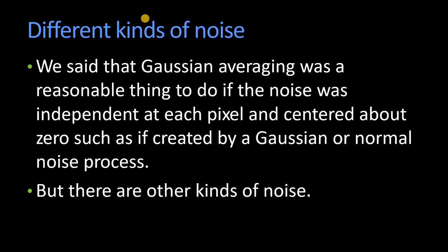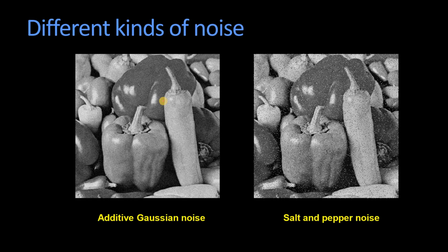So remember, we discussed previously that there are many types of noises. We discussed three kinds: salt and pepper, impulse noise, and Gaussian noise. In general, here you see some examples.